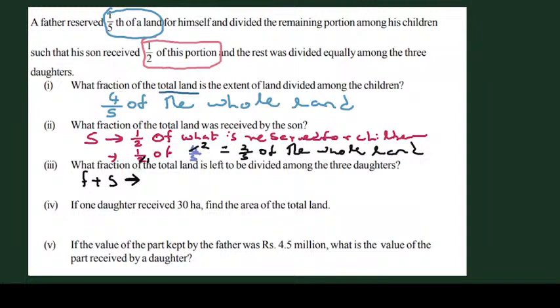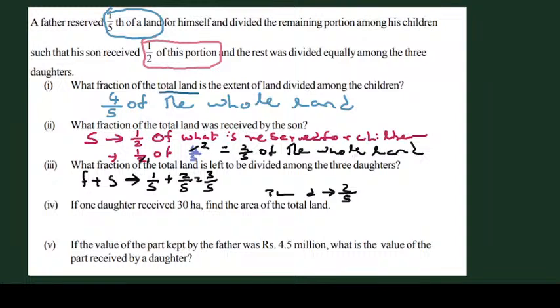Father is getting 1/5, son is getting 2/5. Together they get 3/5 of the entire land. Then what is remaining for the three daughters? 2/5. Out of 5 parts, 3 parts are gone for father and son. Then 2 parts are remaining for the daughters.